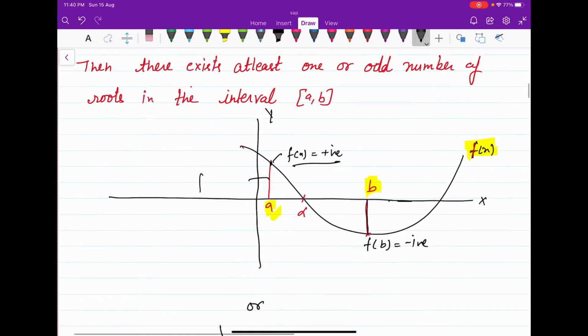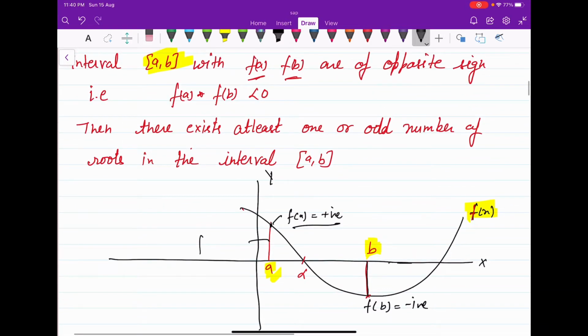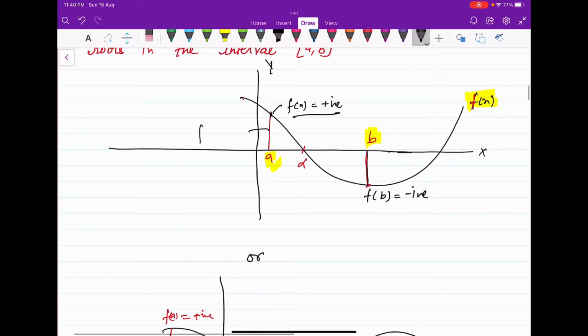So f(a), f(b) are of opposite sign as per the statement. When f(a), f(b) are of opposite sign, there is a surety that the graph of the function will cross the x-axis at least once. Let us take alpha as the point where the function f(x) crosses the x-axis. So this is the intermediate value theorem.